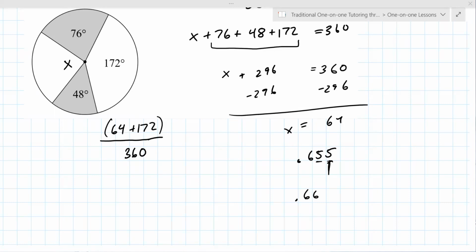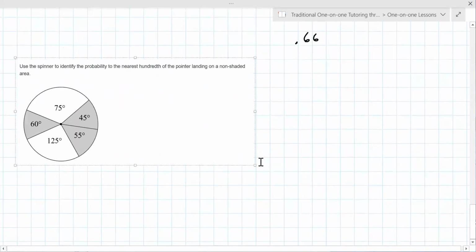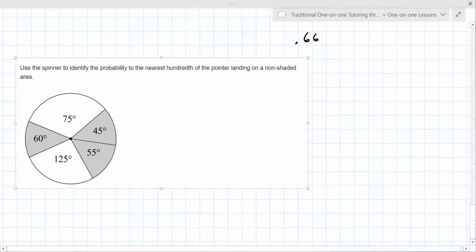All right. Okay, so the next question here you can actually do on your own. It's the same question that we just did. It's asking about the non-shaded region, but you don't have to find the missing one.